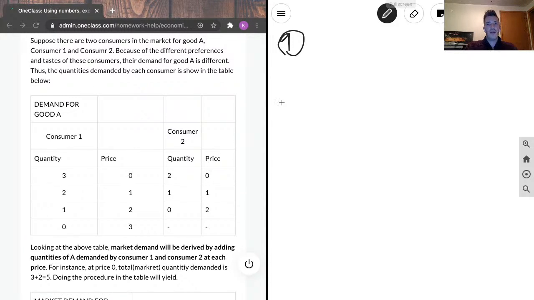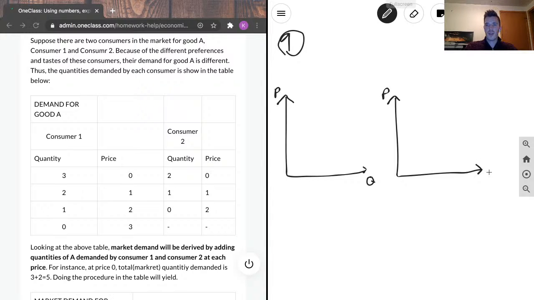So we're going to have demand curve 1, demand curve 2. And of course, we're going to have Q on one axis and P on another. This is actually good because I can do it with numbers this time.